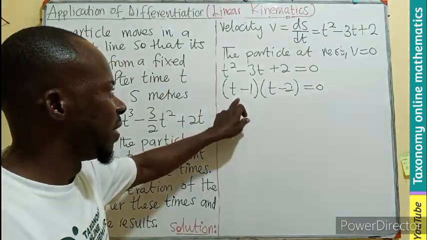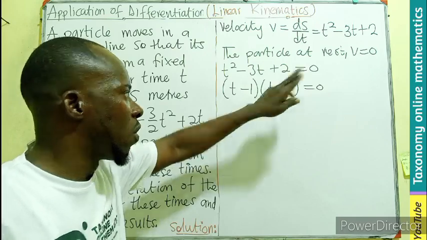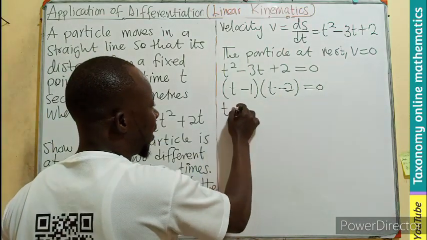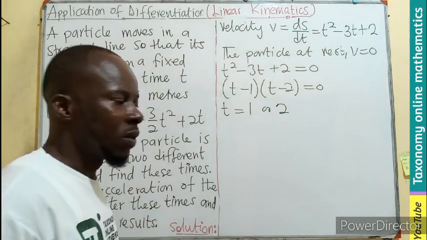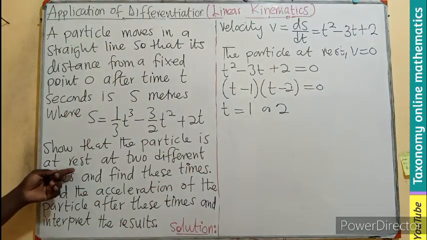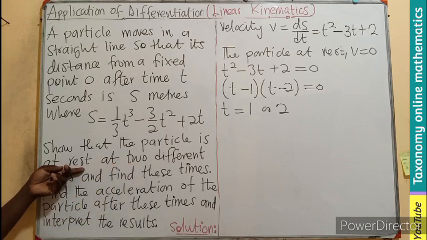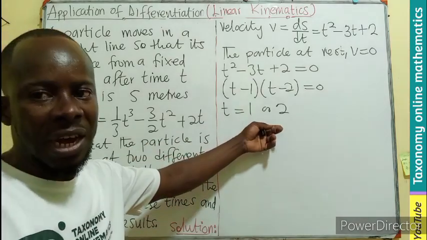So here, this is equal to 0 or this, meaning t will be 1 or what? 2. We are asked to find where the body is at rest at 2 different times. So these different times are going to be 1 second and what? 2 seconds.